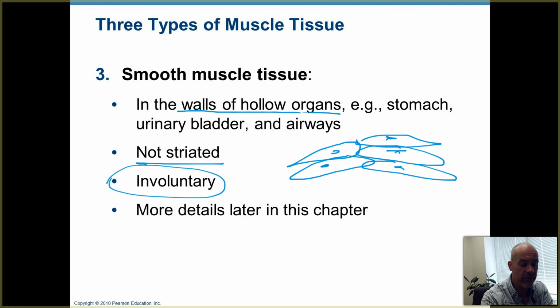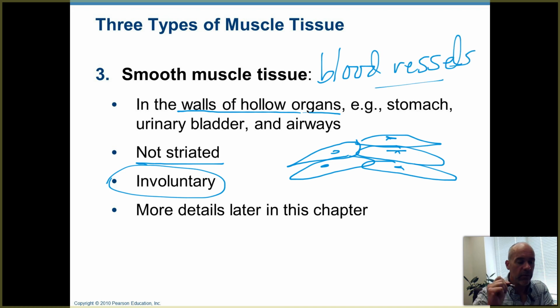Another place for smooth muscle tissue, I want you guys to go ahead and think about blood vessels. Let me write that in there as well. That's important. For example, when we talked a little bit about vasoconstriction, blood vessel constriction, vasodilation, blood vessel dilation, important for body temperature control back in Unit 2 when you were studying the skin and its functions.